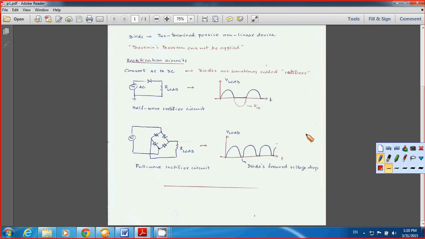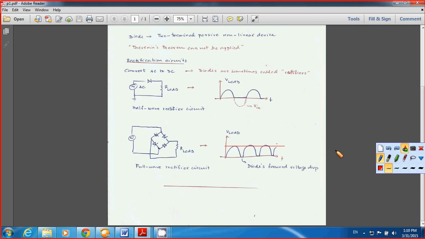But for application of our DC power supply, what we want is a smooth DC output voltage. But look at this one. You don't have a smooth output signal yet, or close to DC signal.